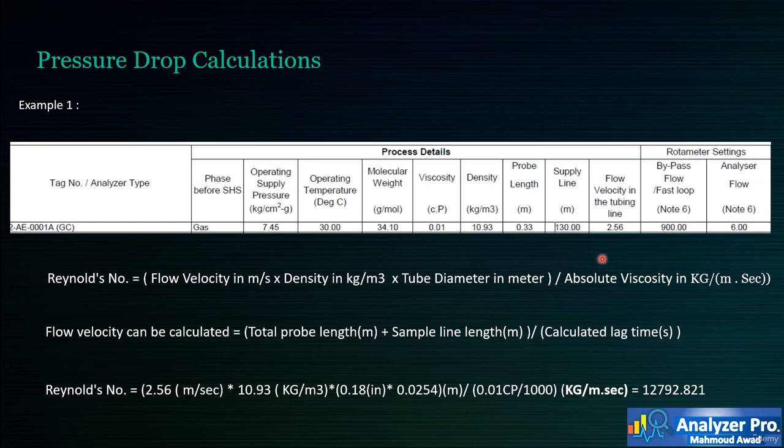Notice here the viscosity is expressed in CP units, or centipoise, and to convert it to kilogram per meter second we divide by 1000. After we compensate in the equation, we get that the Reynolds number is equal to 12,792, which is greater than 2100. So the flow in this case is turbulent and we will use the Darcy equation to calculate the head loss.